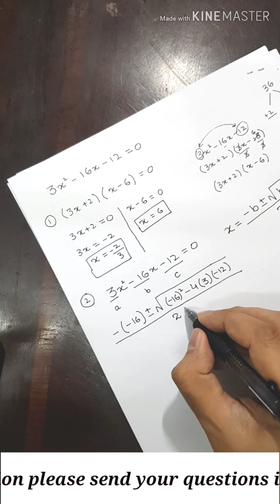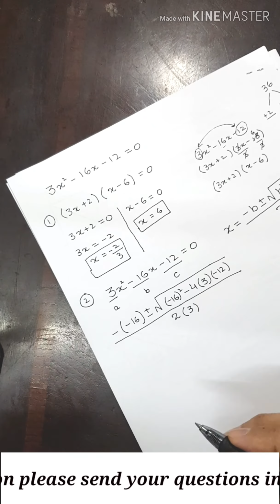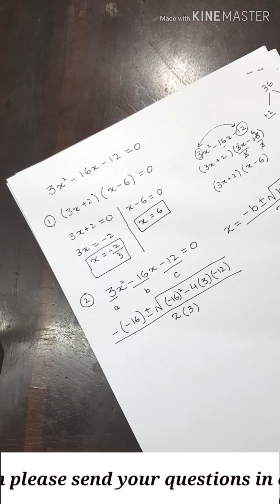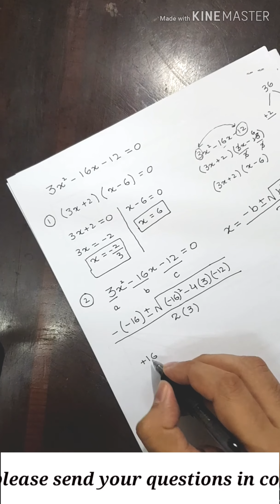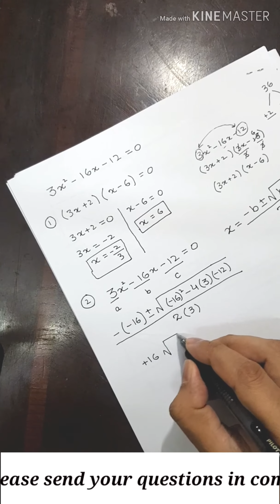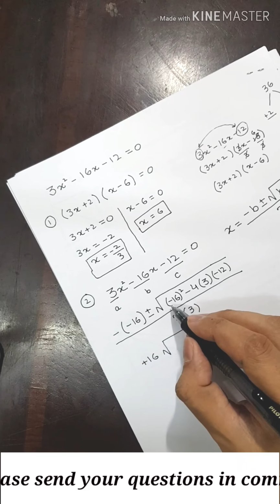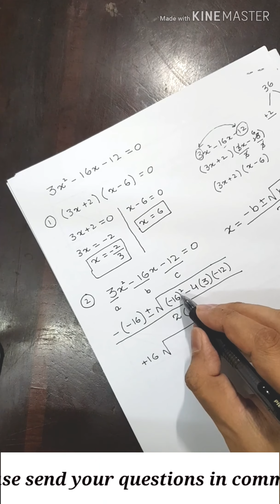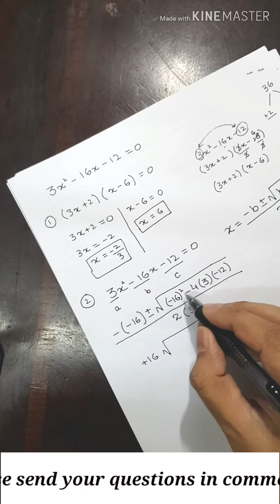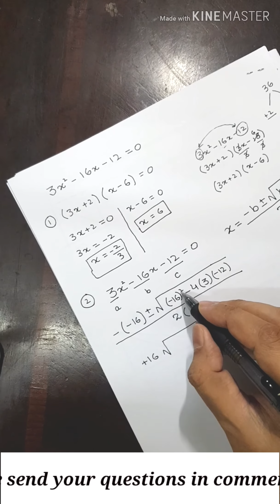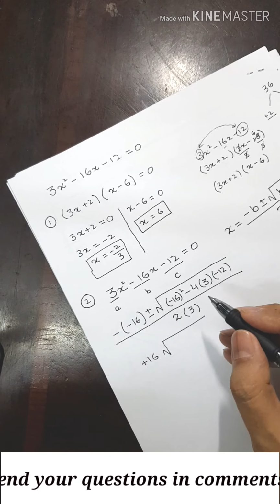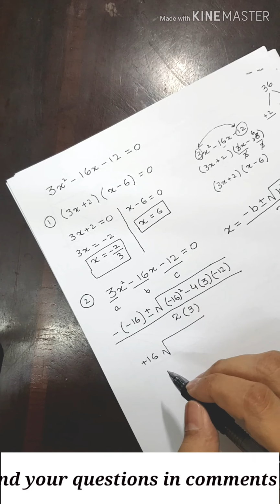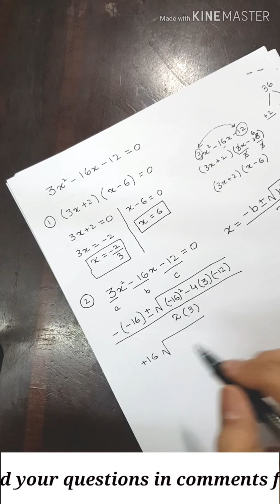over 2 times a. Now as you simplify this, it will become positive 16 plus minus under root. Here you will find minus 16 square, which will become the positive value as the power is even, and we discussed this in the lecture on indices, where you can see the properties of indices.